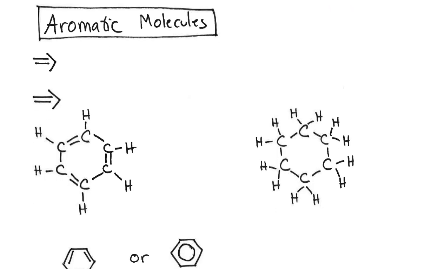Finally, we're going to talk about aromatic molecules. Okay, so aromatic molecules are a specific, unique class of hydrocarbons that are cyclic. They have cyclic atoms, and they have alternate double bonds.